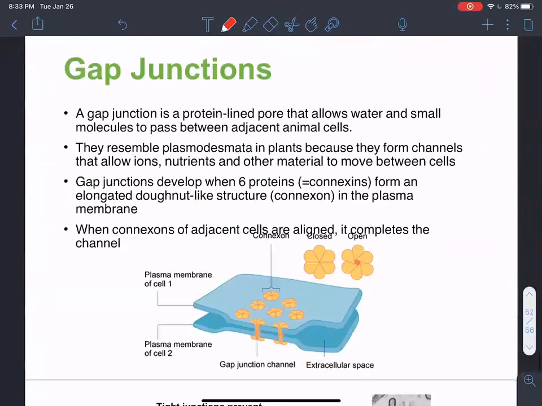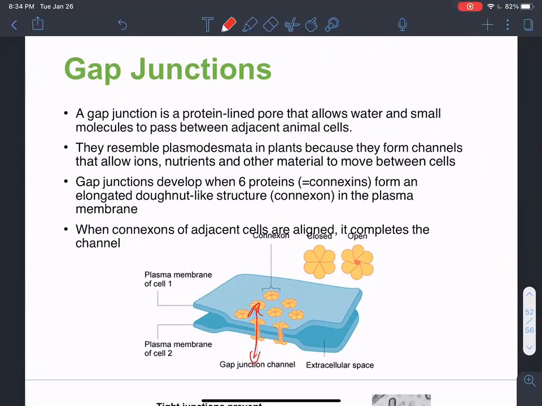Okay, so gap junctions. Gap junctions are similar to the plasmodesmata in that they don't really hold the cells together, but they do allow for information to pass through them. A gap junction is a protein-lined pore that allows water and small molecules to pass between adjacent animal cells. They resemble the plasmodesmata, but they form channels that allow ions, nutrients, and other materials to move between them.